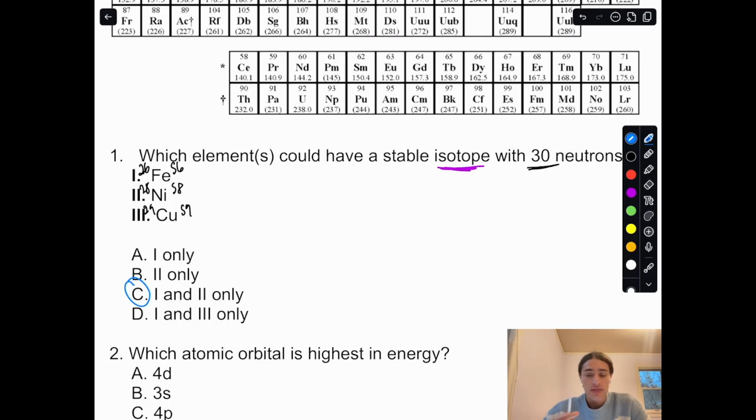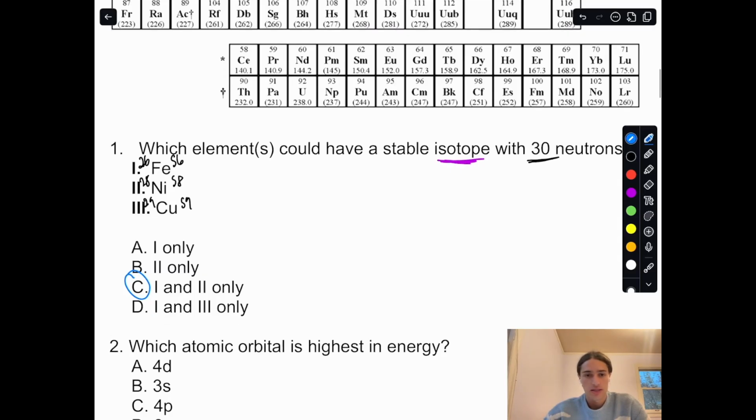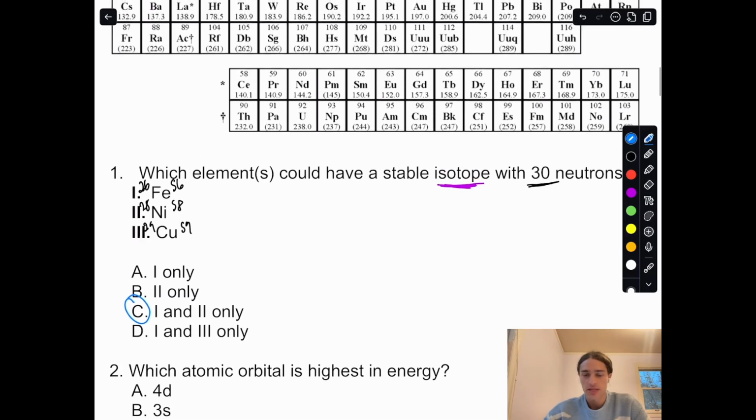And really, what the MCAT likes to do is try and make you think about the best answer. So even though I can't say for certainty why copper 59 really can't exist, notice that nickel and iron are a much better answer, much more applicable than copper. So a lot of times with the MCAT, it really is all about picking the best, most reasonable answer.